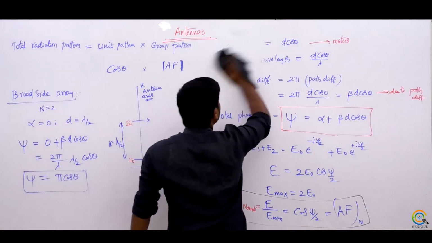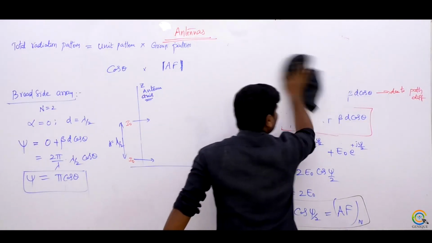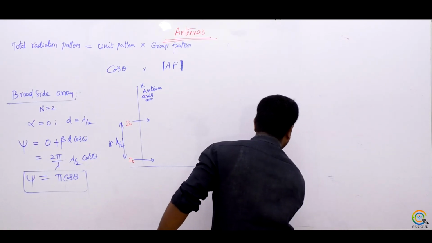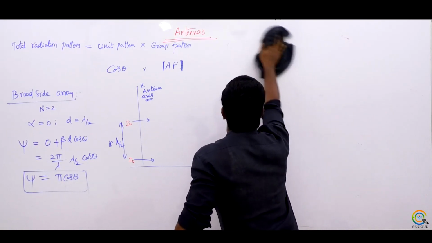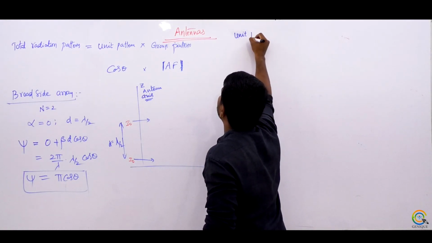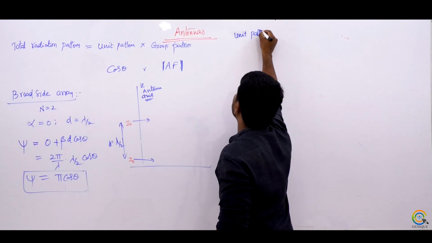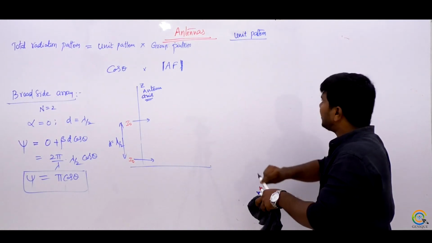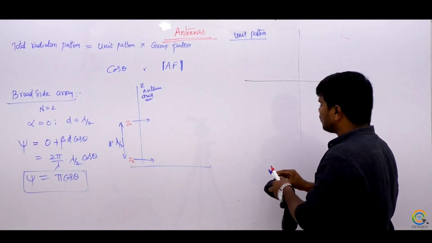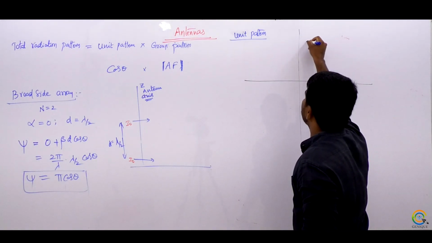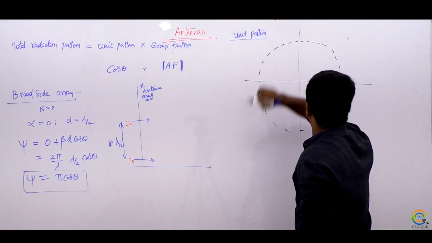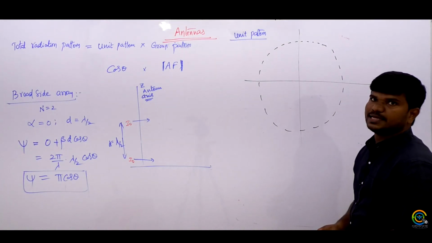Now we have seen the unit pattern. So if I draw the unit pattern, how will it look? Let us take a unit circle like this.